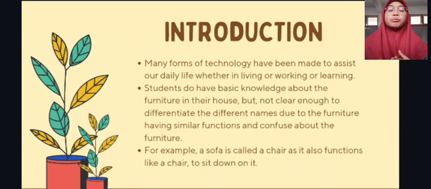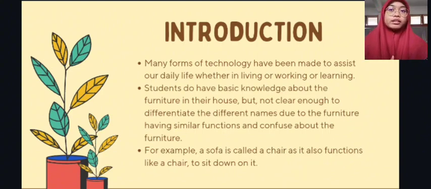The students do have basic knowledge about the furniture in their house, but it is not clear enough to differentiate the different names, due to the furniture having similar functions and causing confusion. It means the students know that this furniture is called a sofa, this furniture is called a chair, this furniture is called a television, but maybe they don't know the clear difference between them.